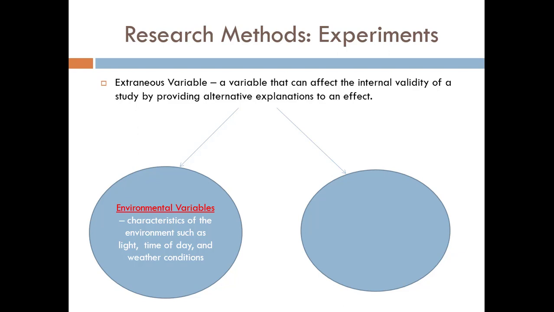Environmental variables are outside factors like light, time of day, and weather conditions. Participant variables are internal factors or characteristics such as age, gender, and intelligence.